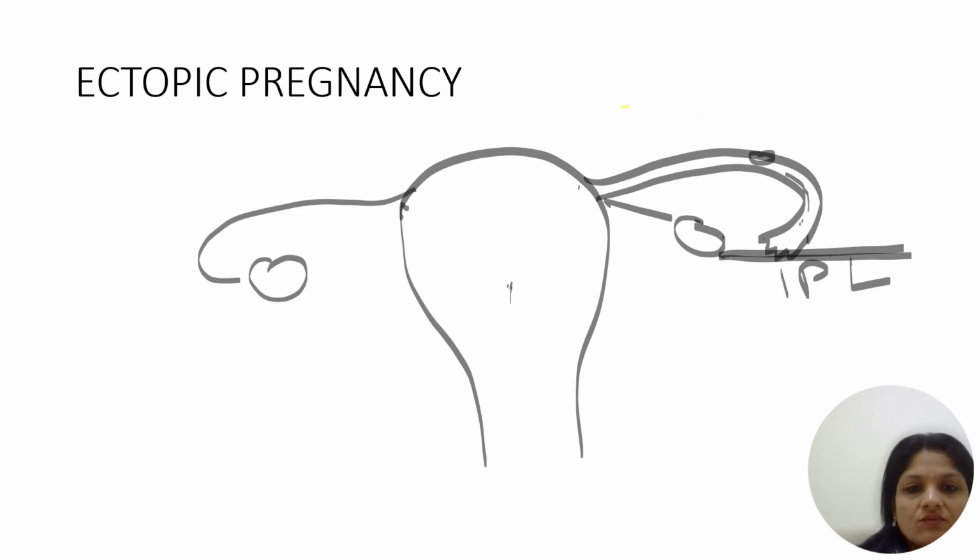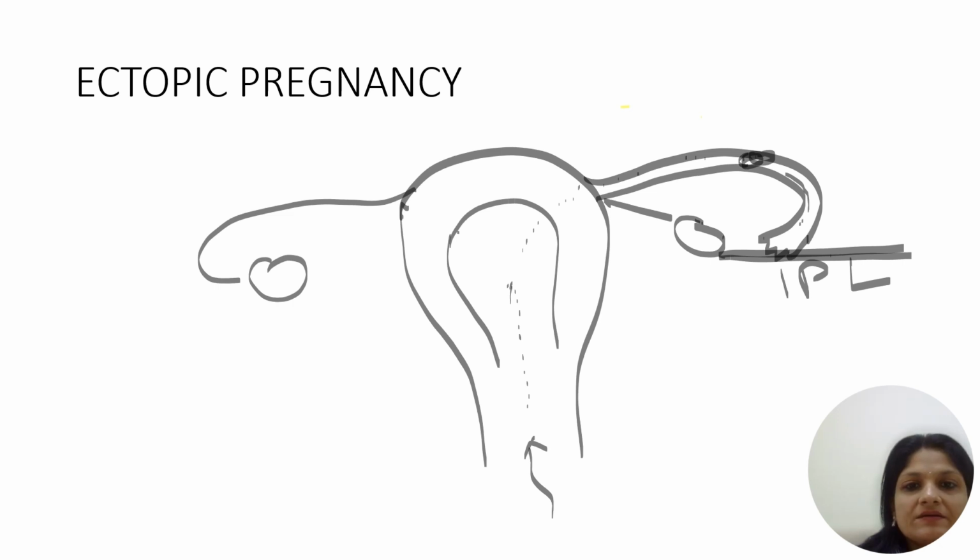After an intercourse, the sperms will ascend up the vagina, enter into the cervical canal and into the endometrial cavity. So it will traverse up, then travel up the tube, meet the ova somewhere here and fertilize the ovum, resulting in an embryo.